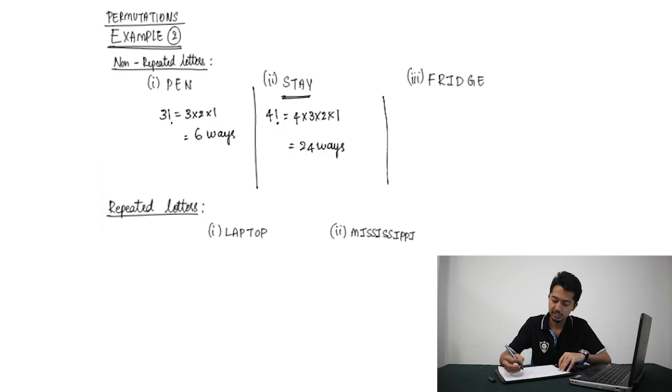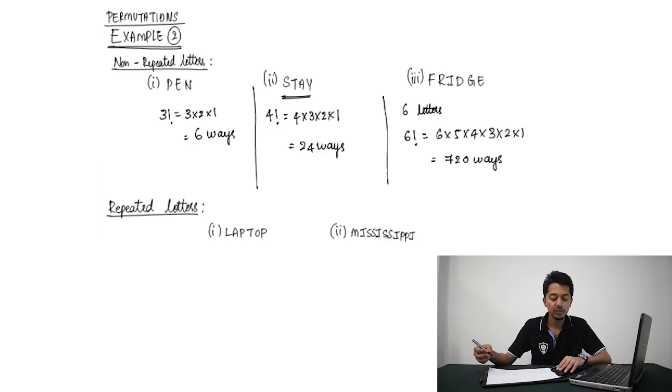For fridge, we have 6 letters, hence the total number of ways is 6 factorial, that is equal to 6 into 5 into 4 into 3 into 2 into 1, that is equal to 720 ways. Moving on to the next kind of problems, that is with repeated letters.